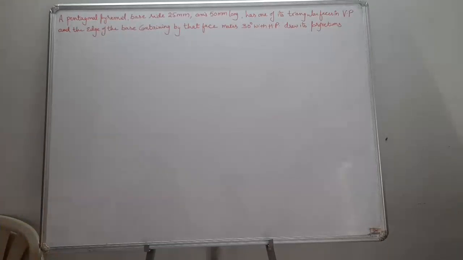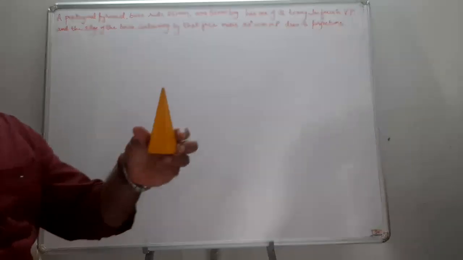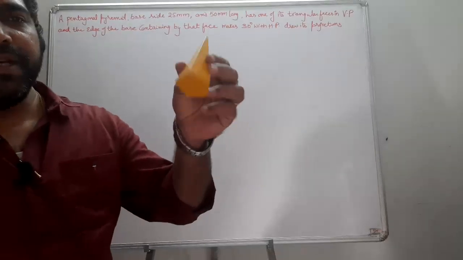So this was the problem. Try to understand the problem, read the given data. Let us imagine how it is to be. Let us go for assumption. A pentagonal pyramid, base shape is pentagon.